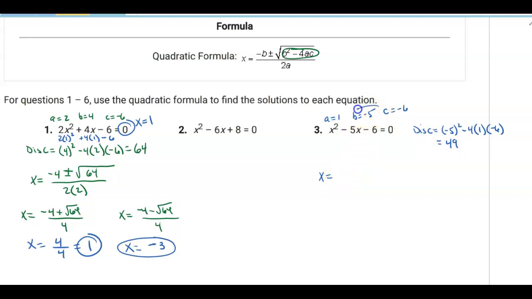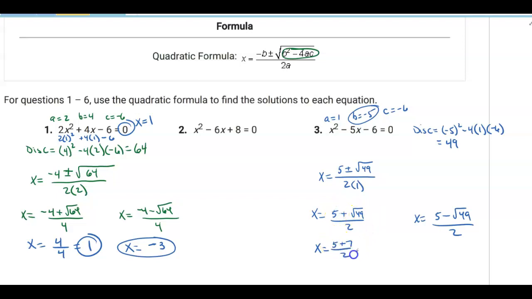If b is -5, when I plug it into the formula, I do the opposite of -5, which is +5, plus or minus the square root of 49, all over 2 times a is 1. So now my two answers, 5 plus the square root of 49, all over 2. My second answer, 5 minus the square root of 49, all over 2. This would give me 5 plus the square root of 49 is 7.